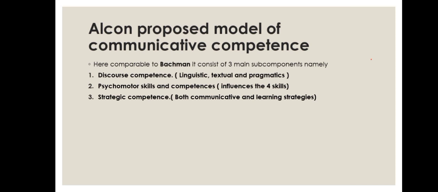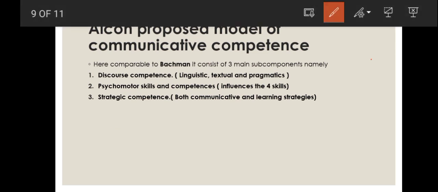So I am going to discuss with you about Canale. He was the one who proposed again a model of communicative competence. Comparable to Bachman's, he proposed components. As Bachman proposed two components, I have mistakenly mentioned three.